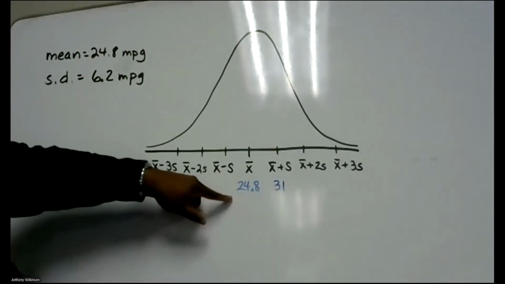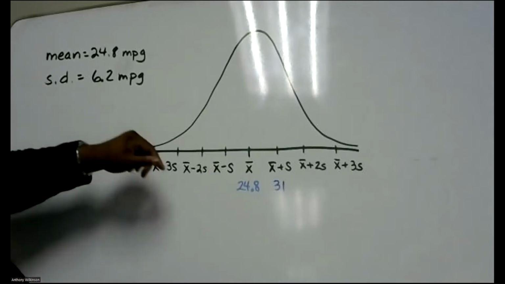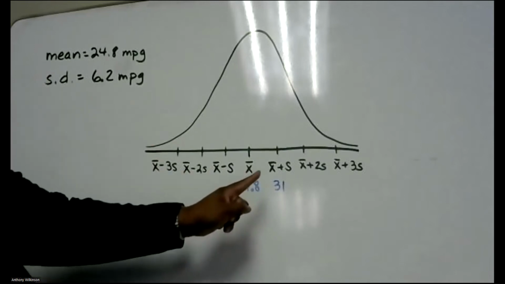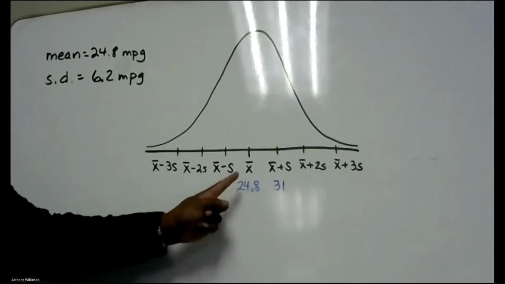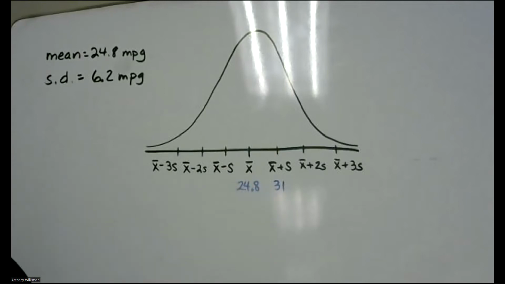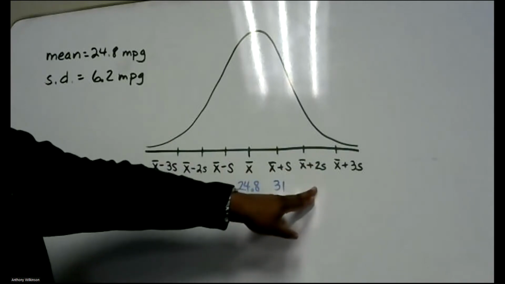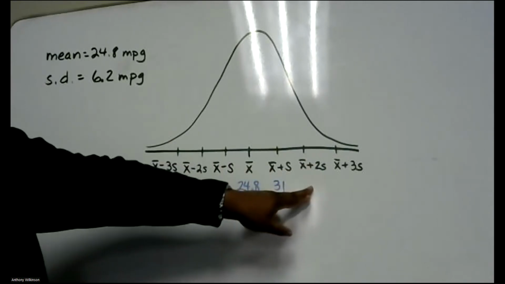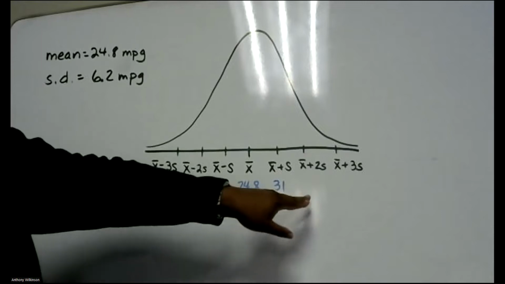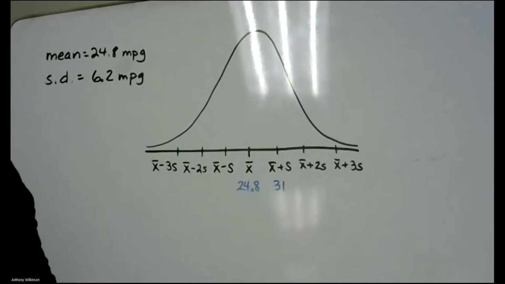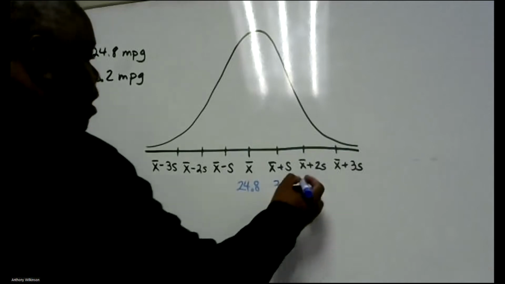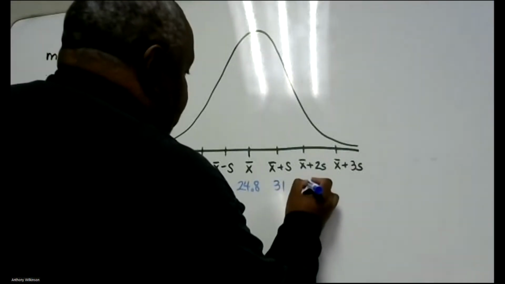The mean is 24.8, the standard deviation is 6.2, so add the 6.2 to the 24.8, and you'll get 31. And then to go out another standard deviation above that, add 6.2 to 31. This will be 37.2.